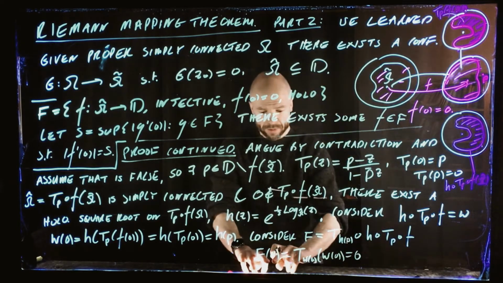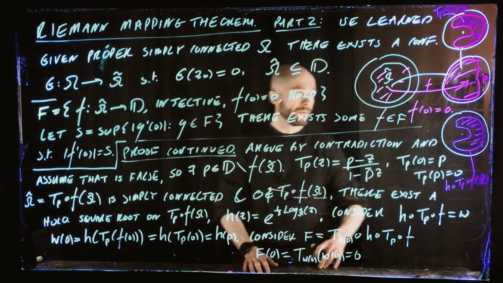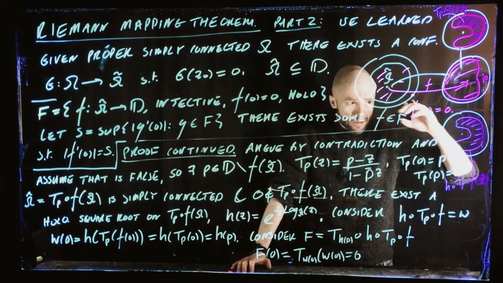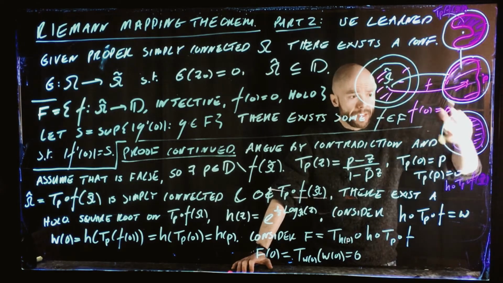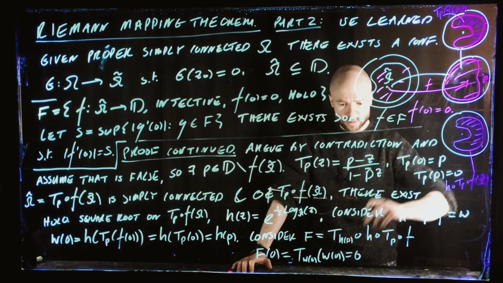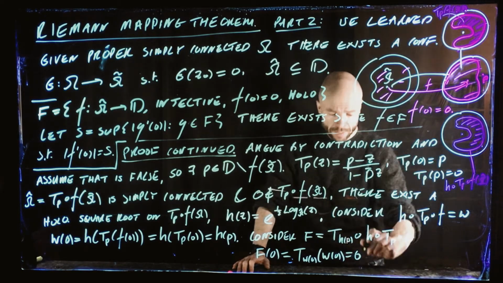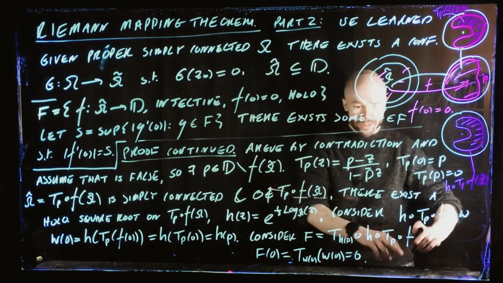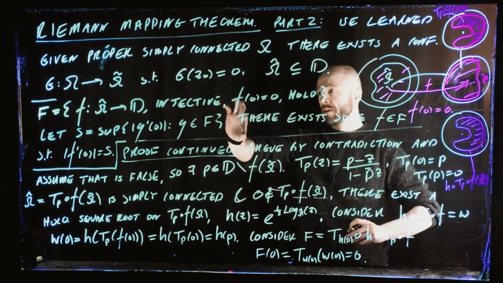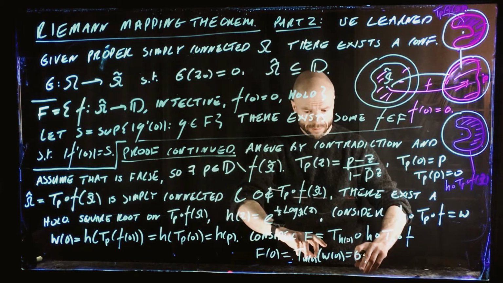So F is a holomorphic mapping, sending 0 to 0. And it is still going to be inside the unit disk because all of these guys send things inside the unit disk to the unit disk, right? So this is a diffeomorphism of the unit disk. So again, we're still in unit disk. So F is actually a guy which is initially defined on our omega tilde up here, and it sends 0 to 0 as well.